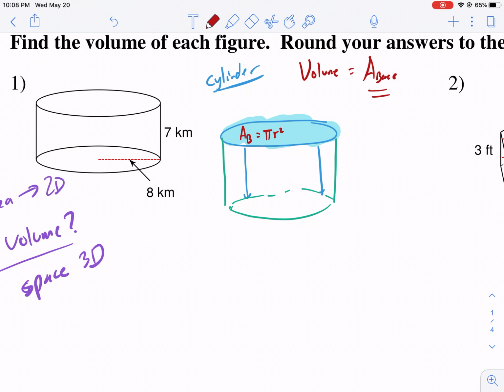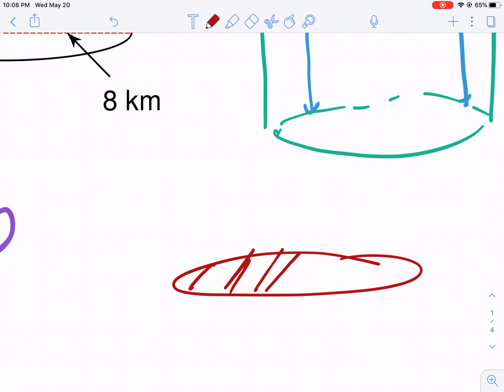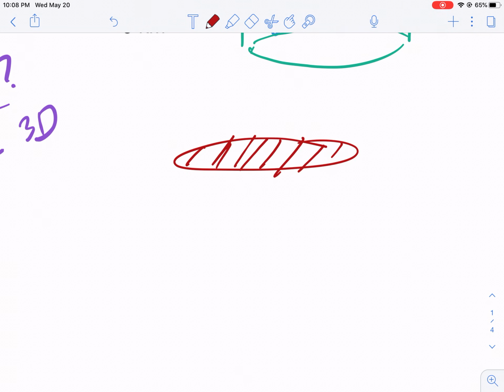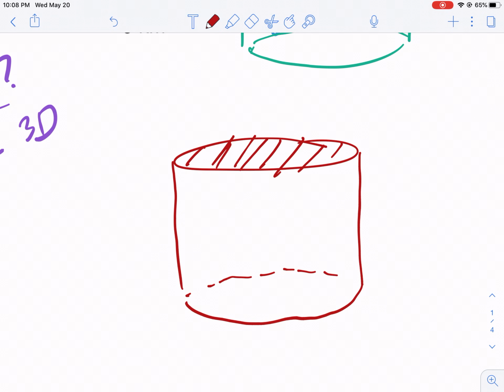Now, if we just started out with a circle, that would be the amount of space it would take up in 2 dimensions. But imagine we are grabbing this 2D circle and stretching it into a 3rd dimension, so it takes up volume.